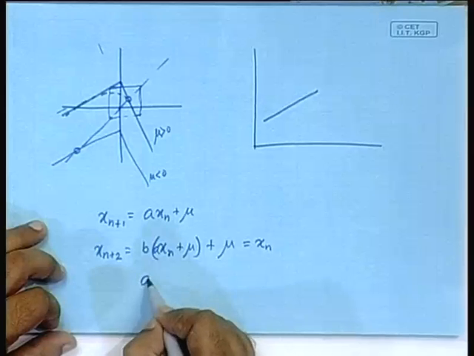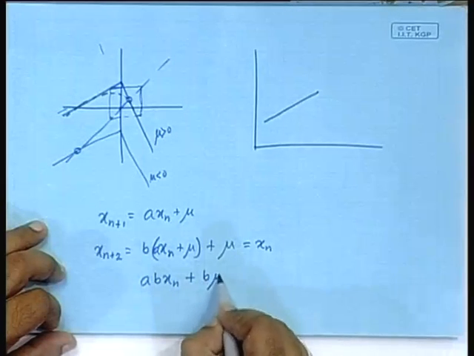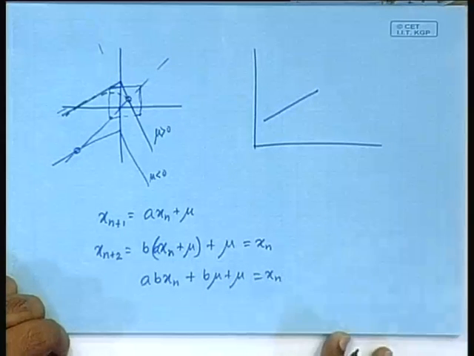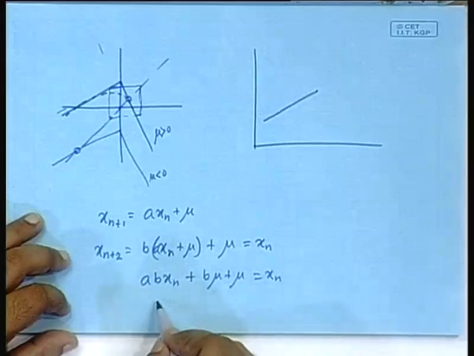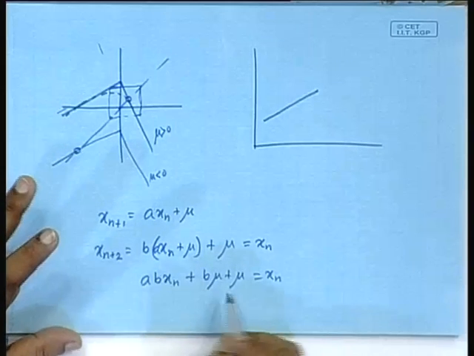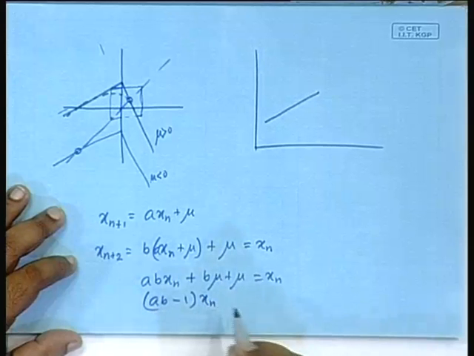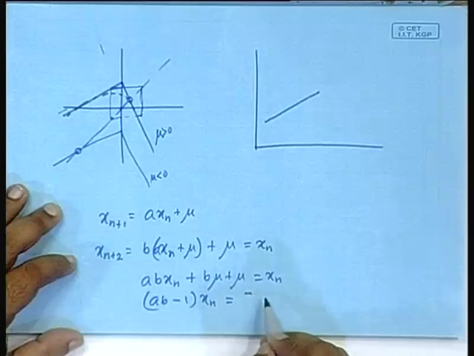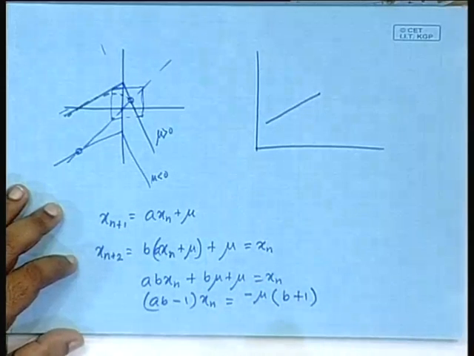So, what do you get? A b x n plus b mu plus mu is equal to x n, right. Bring it to this side. A b minus 1 times x n is equal to minus mu times (b plus 1), right.